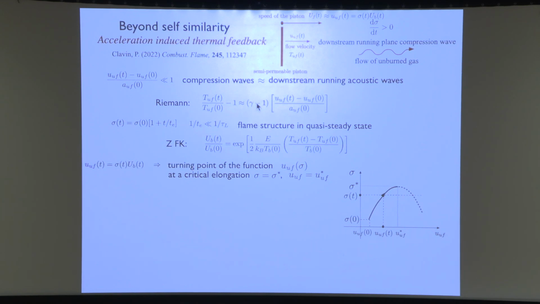Riemann told you a simple fact about the temperature close to the piston. Riemann was solving the problem of a piston, but the problem of a semi-transparent piston is the same.